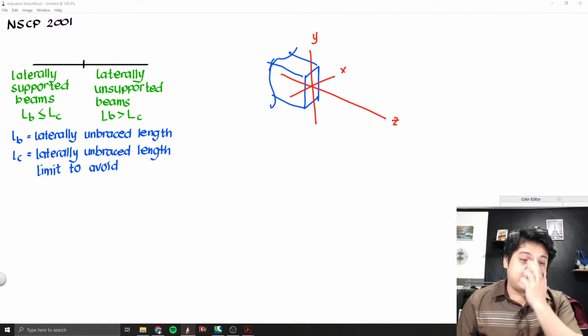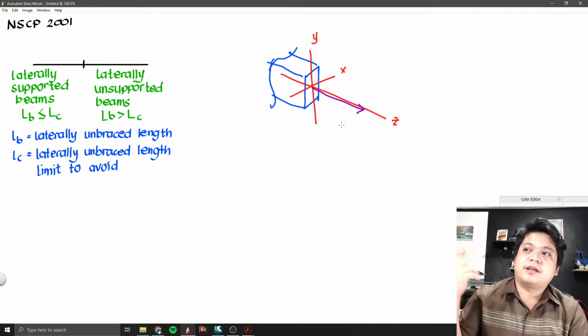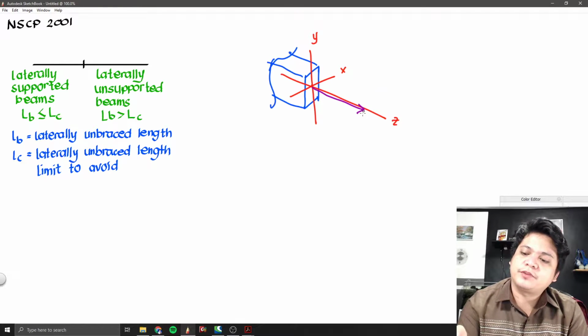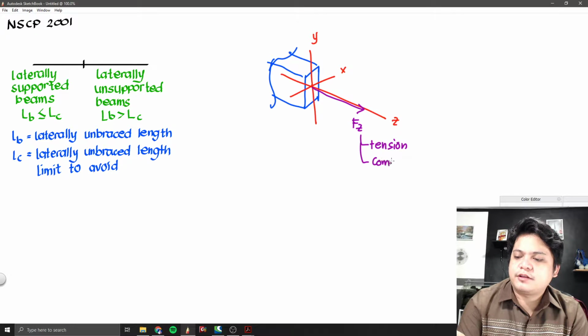And then, each axis, meron tayong force, no? Kapag paganto yung force ko, or tinatawag kong FZ, pwede siyang maging tension and then compression. Okay? So, that is your FZ. So, itong FZ, it's either in tension or is it in compression, no?